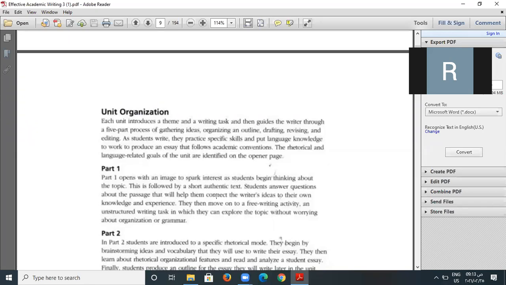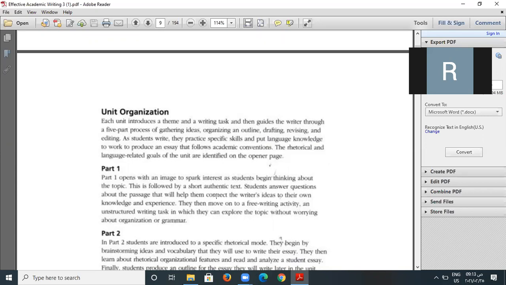طبعا this image is followed by what we call a short authentic text. شو يعني authentic text؟ يعني natural text، يعني written or spoken by native speakers of English. طبعا في عندنا in this part questions.